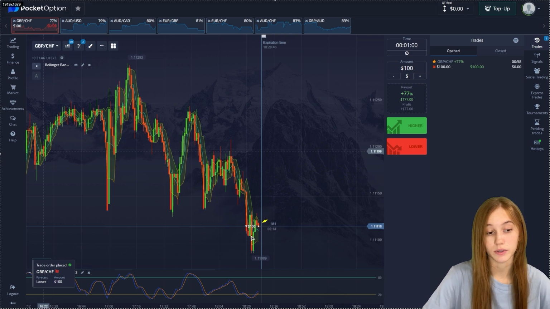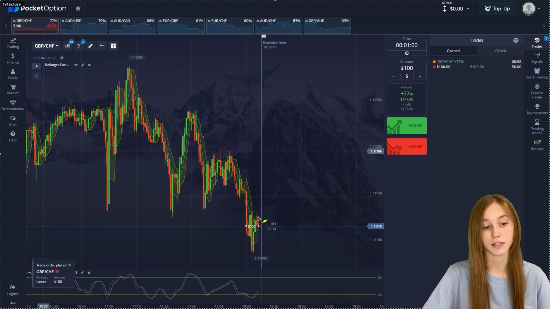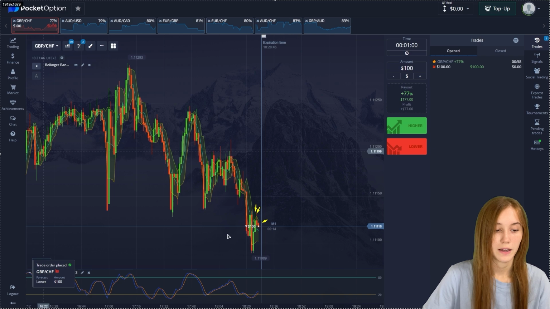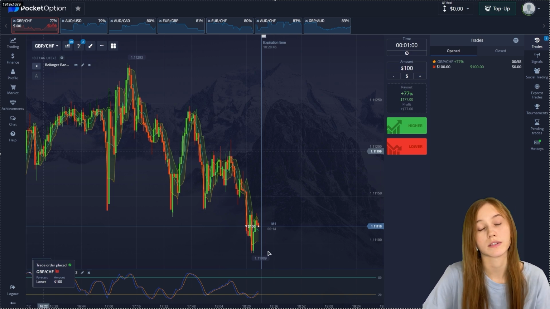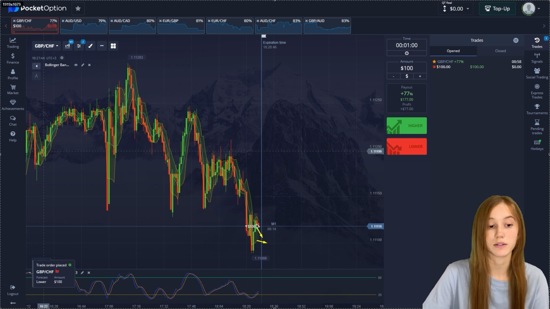We see in the left corner our deal was closed with a plus, good result. And the next, to increase to $177, I recommend you trade with 10 or 15% of your amount right away. Let's continue.